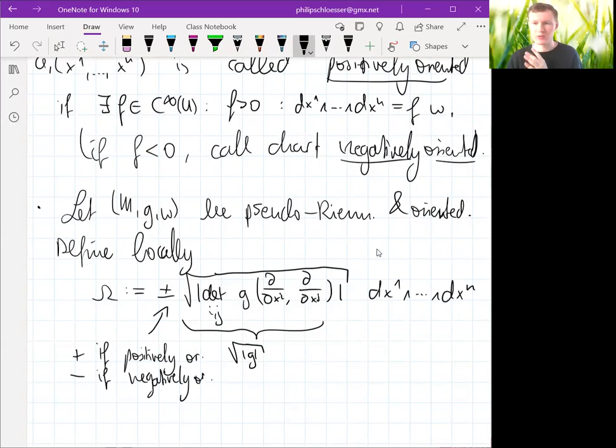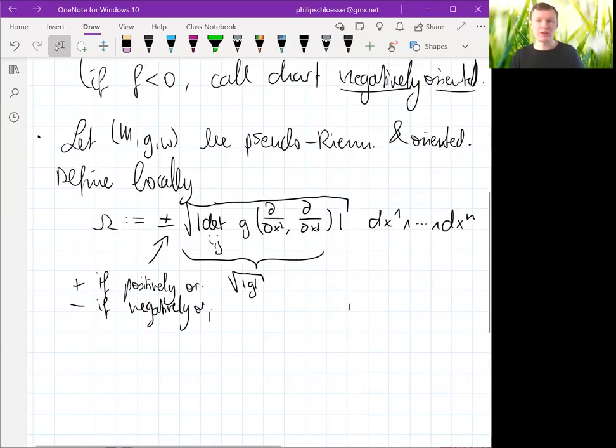Now I want to give an intuition for why this is well defined, why it should be equal if you do a coordinate transformation. The reason is that each of the dxi transforms with a factor of the Jacobian.